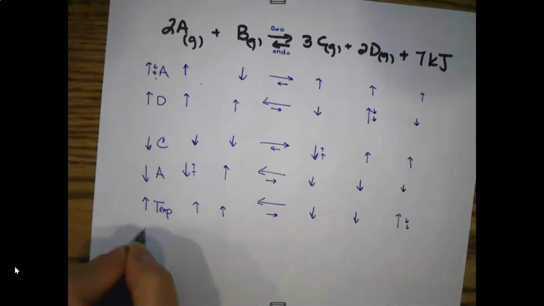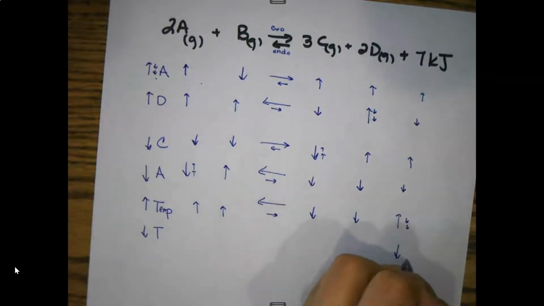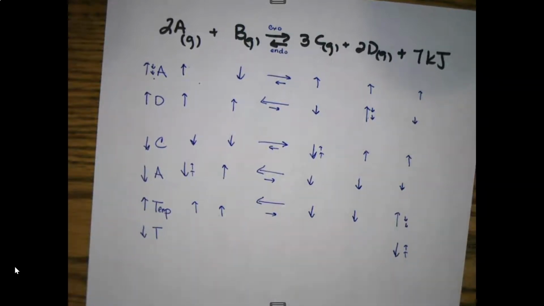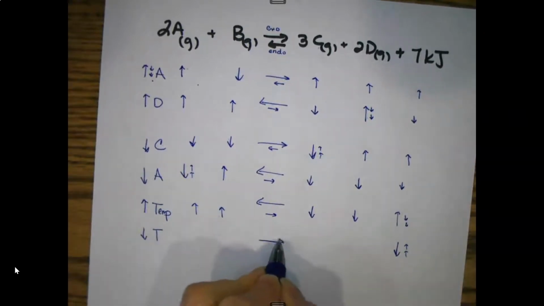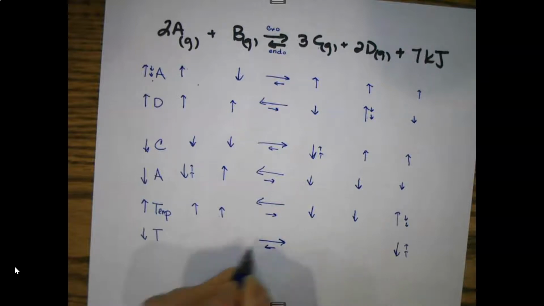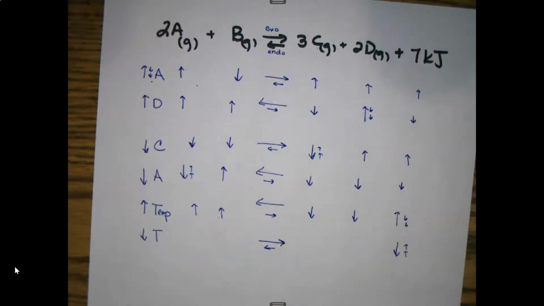And if the temp goes down, the system's going to try and build it back up. It's going to shift towards the energy now. The energy's on the right, so it's going to shift to the right. It's going to favor the forward reaction.